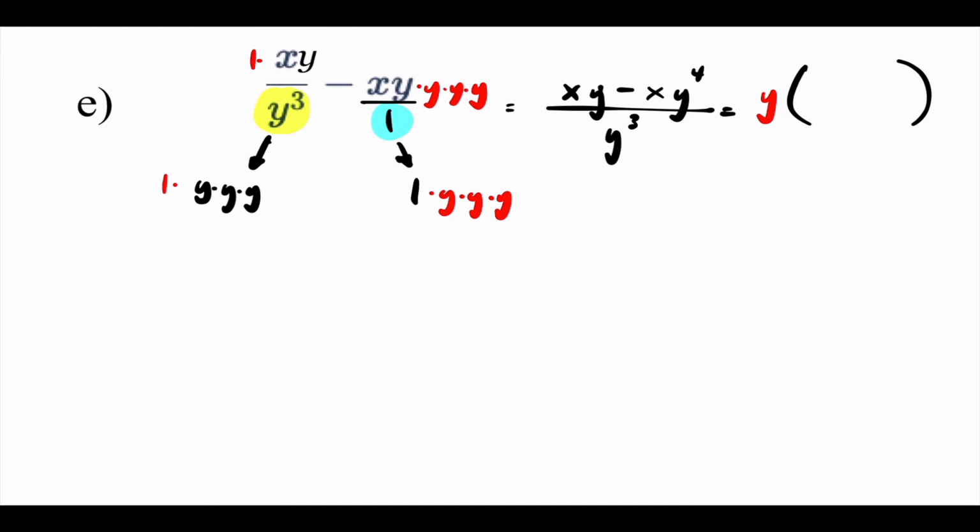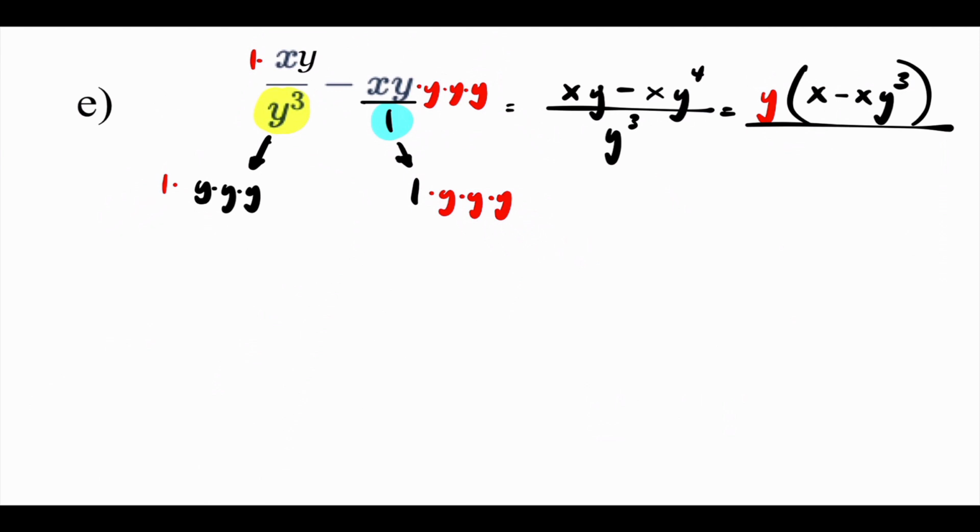So when I do that, no more y here, and y loses a power here. It's reverse distributive property. So if I was to do distributive property here, I'd get that.